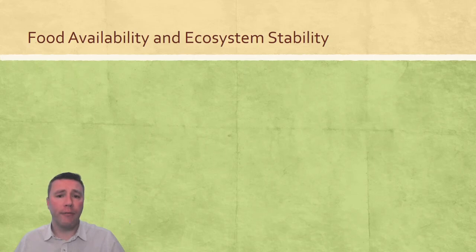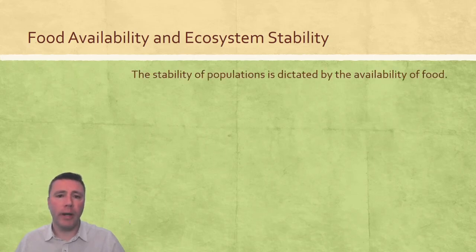The availability of food in an ecosystem has a direct effect on a population's ability to grow or even just maintain itself. It probably goes without saying, but the more food an ecosystem has, the more organisms are going to be able to survive and also reproduce.